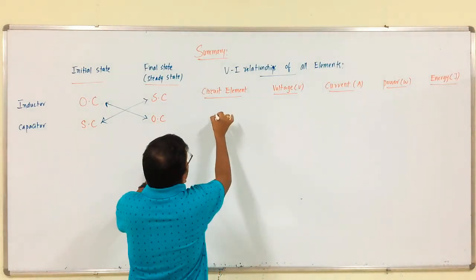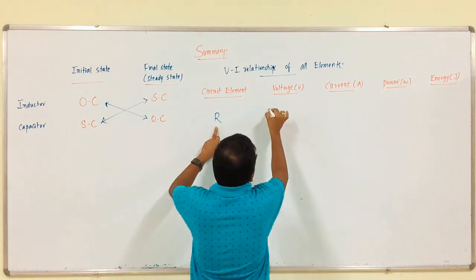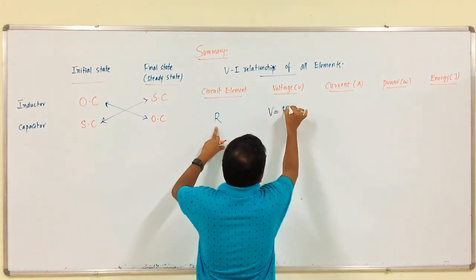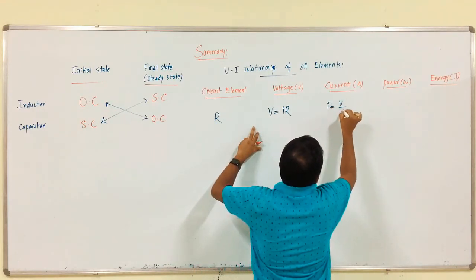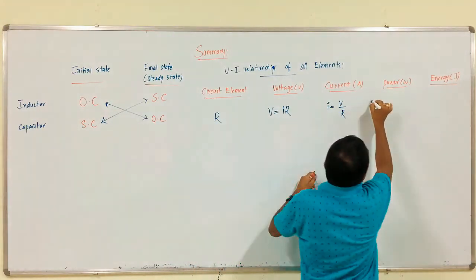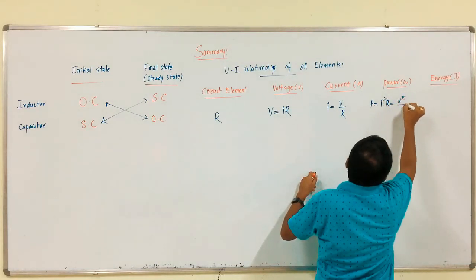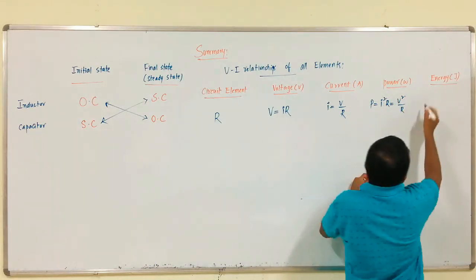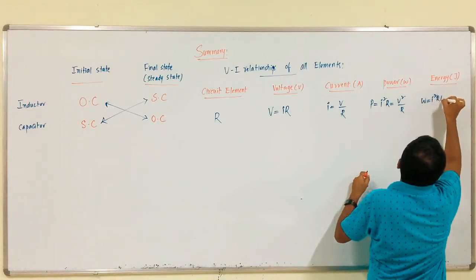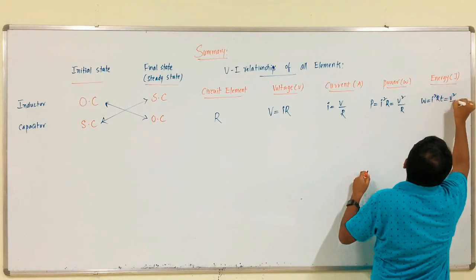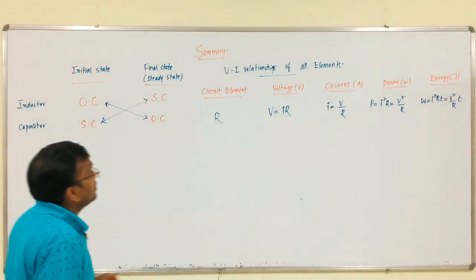The first element is R. What is the voltage? V equals I into R. What is the current? I equals V by R. What is the power? P equals I square R, which equals V square by R. What is the energy? W equals I square R into T, which equals V square by R into T, right.